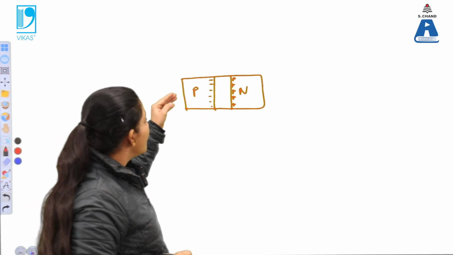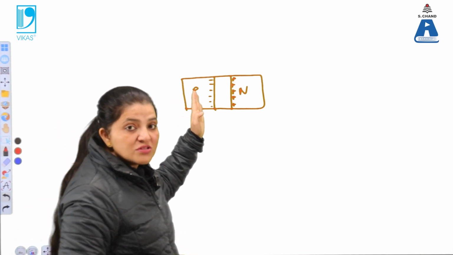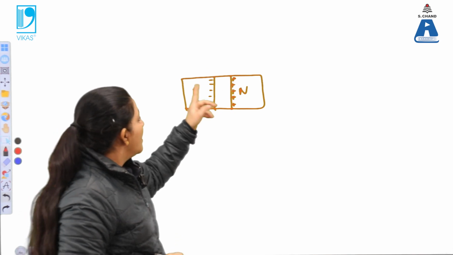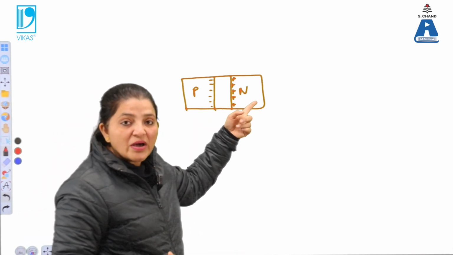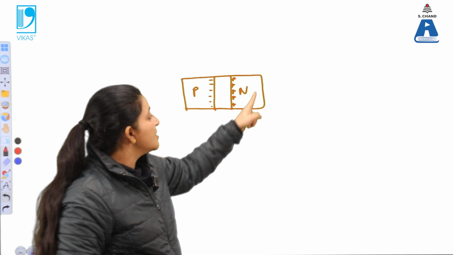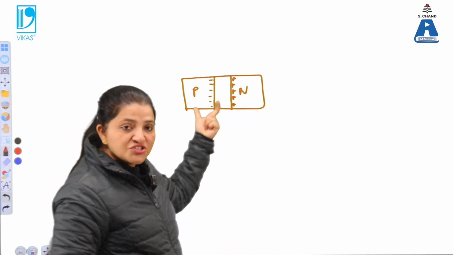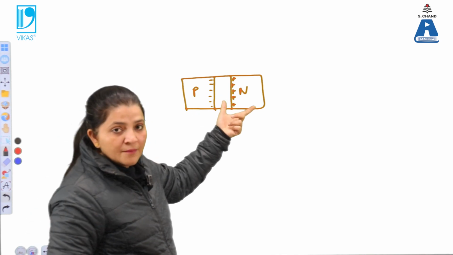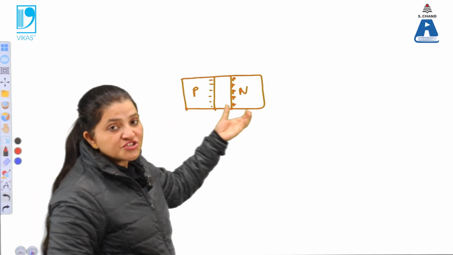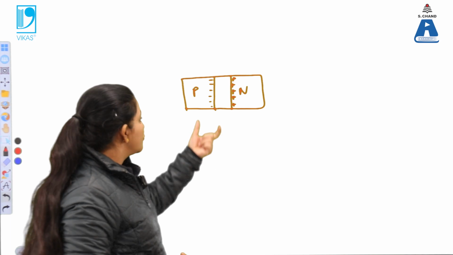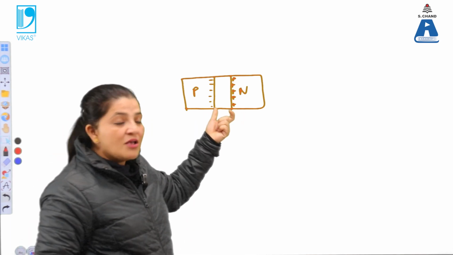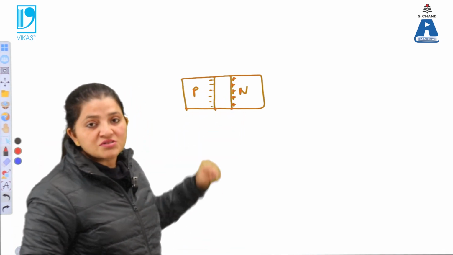And if we want holes to jump from p to n, that will also not happen, because the positive charge is developed at this end. Due to the development of these opposite charges on p and n, further movement of charge carriers is not possible. So the depletion region is there, and that means no current is flowing through this device.